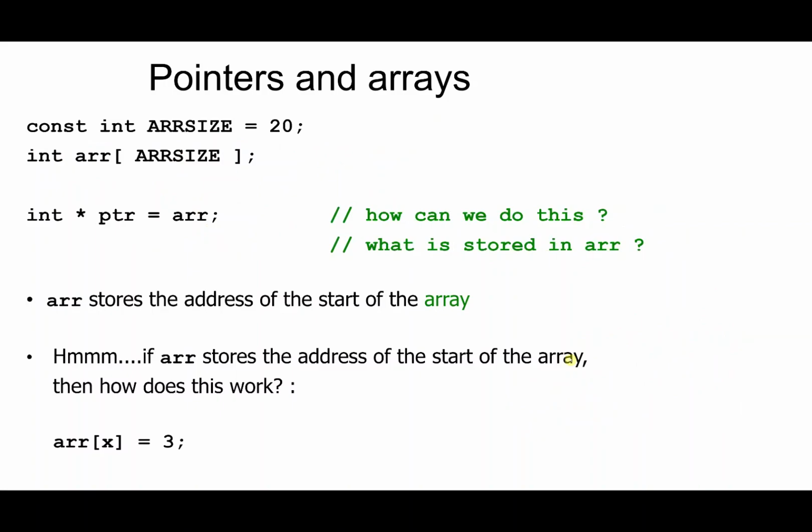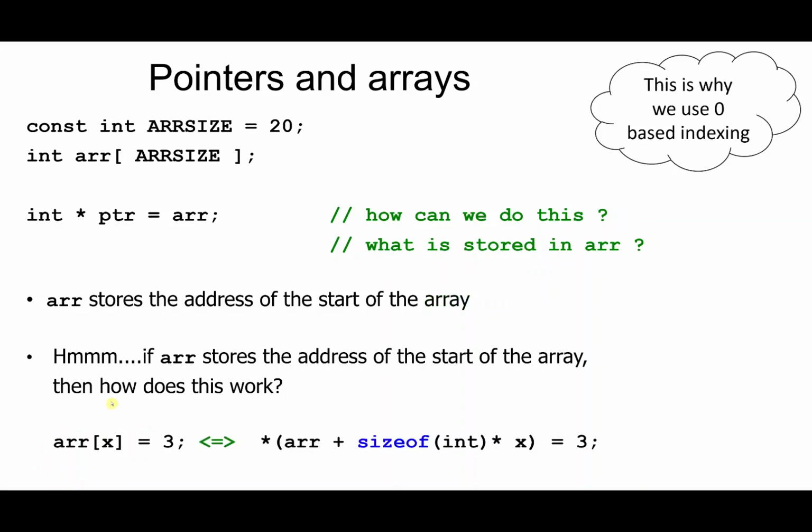So if array stores the address of the start of the array, then how does this work when we do array of x, and x is an integer, equal 3? This is exactly working like this. This is being done behind the scenes as pointers. We are dereferencing this.